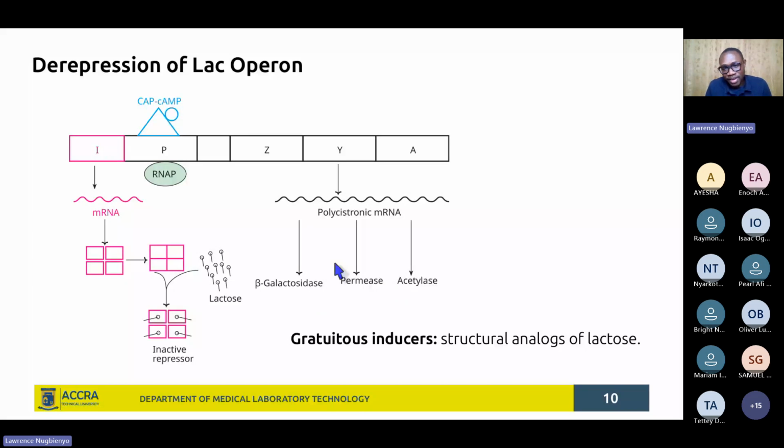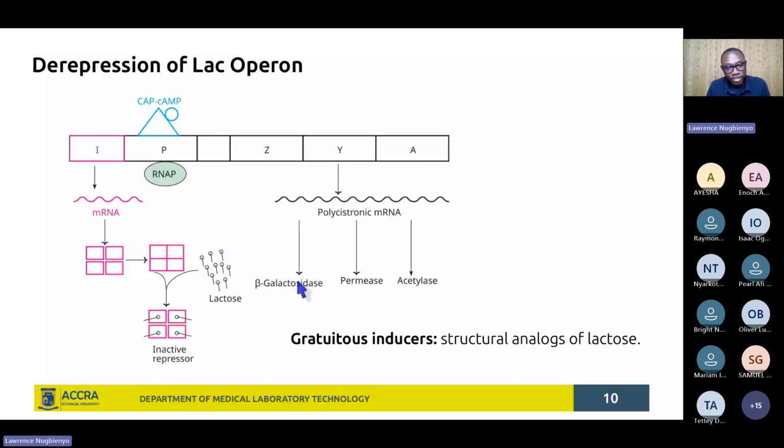Now, what are the functions of these proteins? Now, galactosidase, you can see even from the name that galactosidase will be responsible for breaking down the lactose molecule into glucose and galactose.